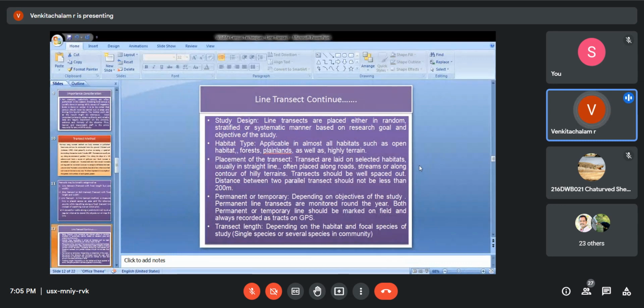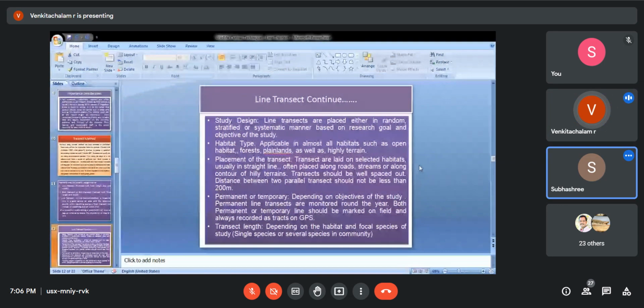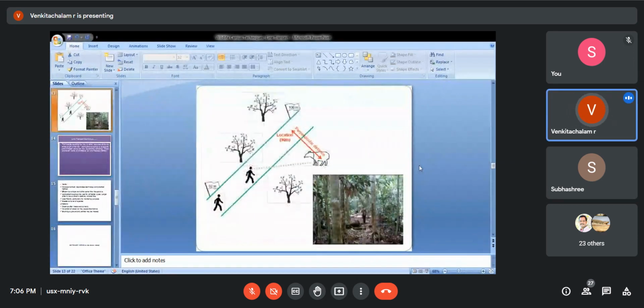Transect length depends on the habitat and focal species of the study. Your focal species may be single or several species in a community, and based on that we have to select the habitat. This picture depicts the line transect method.